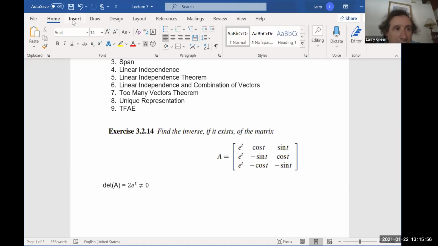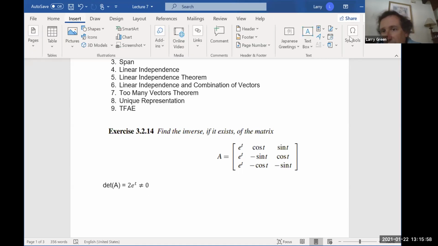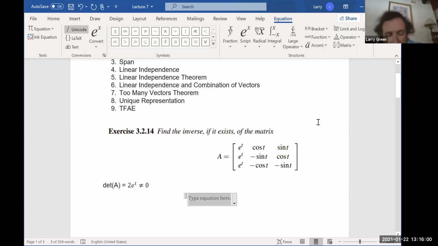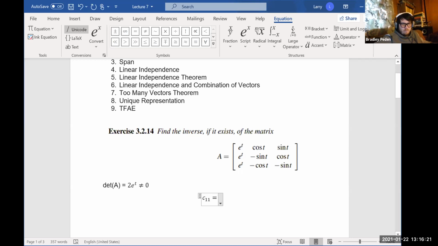Might make more sense as a letter. So C sub 11. Okay, and the nice thing, I'm not sure if you could do this in your head, but if you get rid of the first row and the first column and then take a determinant, you get sine squared plus cosine squared. 1. Exactly.